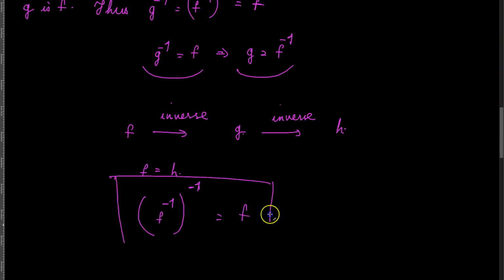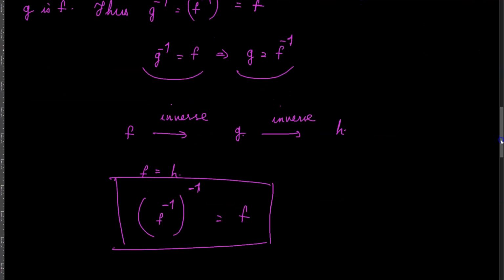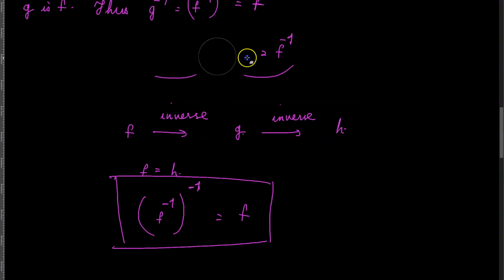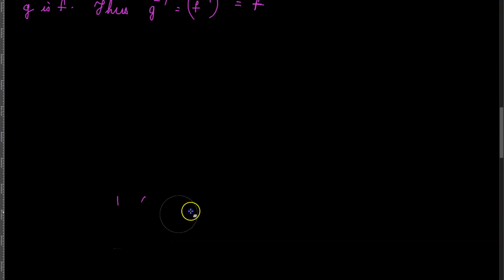That's all. It is always so. Which means that I can write the inverse of F inverse is equal to F, and of course we know that F is equal to G inverse, or G is equal to F inverse, and so on and so forth.